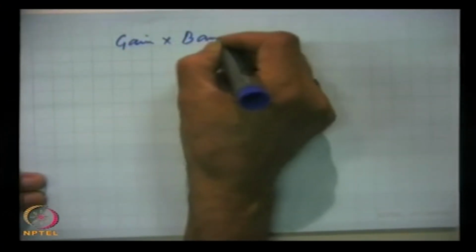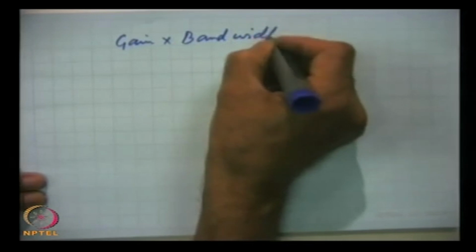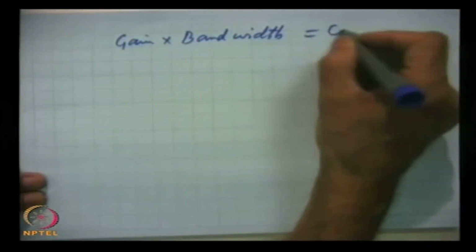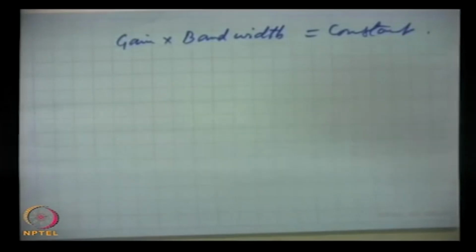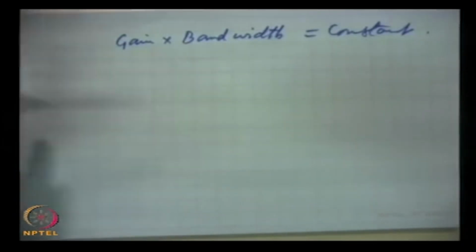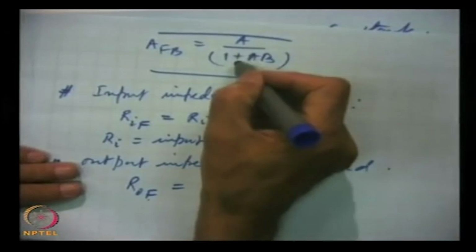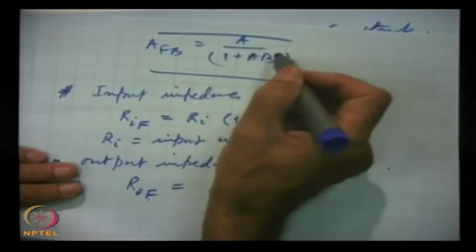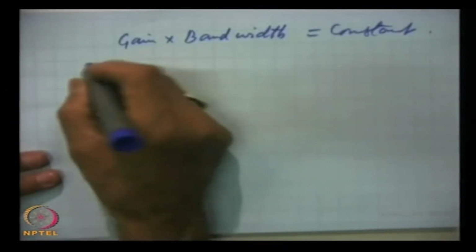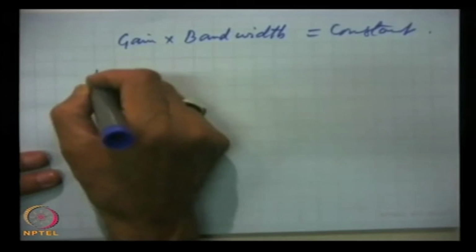Voltage gain into bandwidth product is a constant for a device. In this case, gain falls by a factor 1 plus AB, and hence the bandwidth increases by the same factor 1 plus AB.